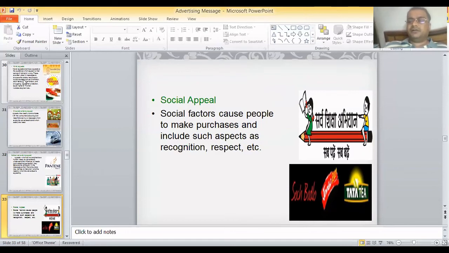For example, they had done one for the election process, wherein they asked people to go out and vote in the election and exercise their rights.